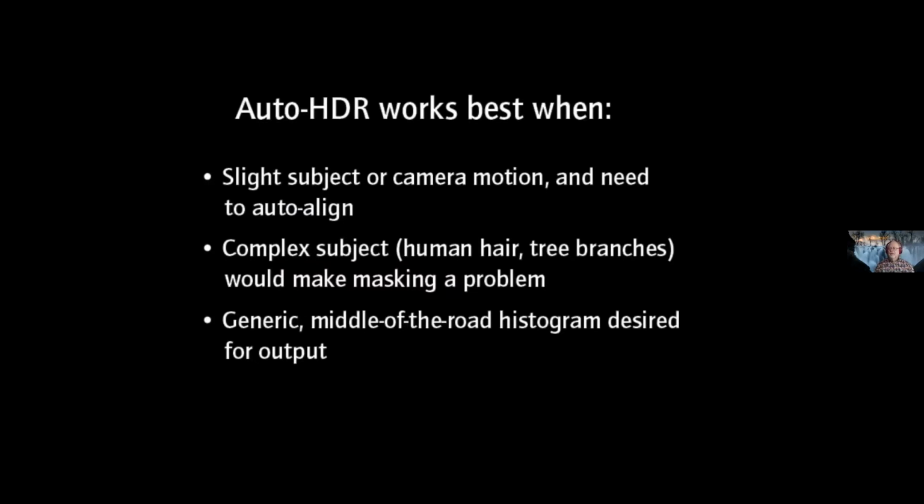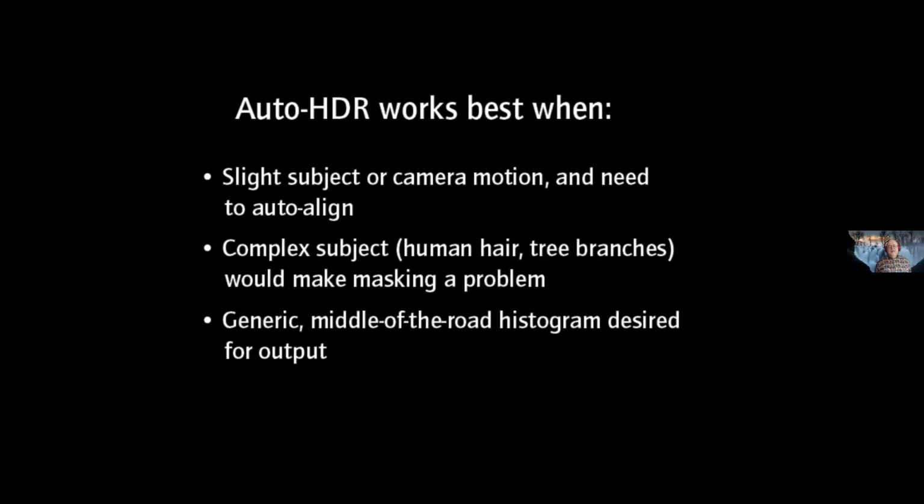Automatic HDR works best when there's slight subject or camera motion. For example, you have photographed in burst mode, and knowing that what you're going to do with this is put it through an Auto HDR program, and you need to auto align. But all 3 points in this slide are actually fairly important. Another thing that automatic HDR does well is complex masking.